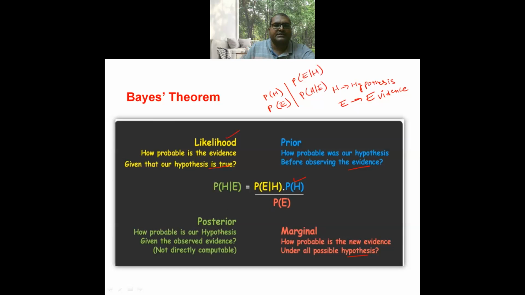It is the probability of hypothesis given the observed evidence. Once again I repeat, probability of hypothesis for a given evidence. And the formula is written based on Bayes theorem.